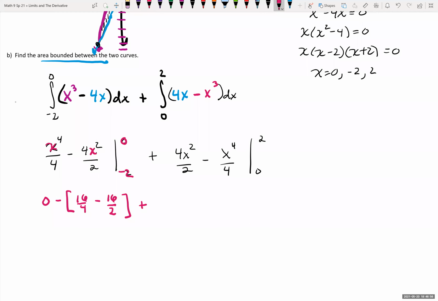Plus, now we're going to plug in 2 wherever we see an x. So 2 squared is 4 times the 4 out front is 16 all over that 2, minus 2 to the 4th power, we said was 16 all over 4, minus, well, now when we plug in 0 wherever we see an x, it's just 0.